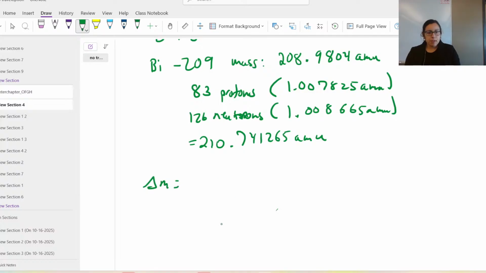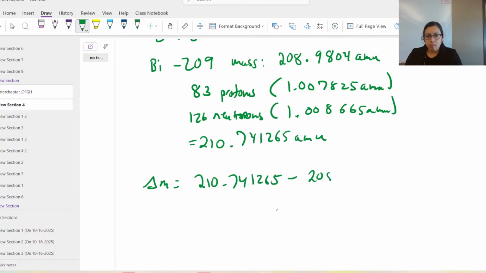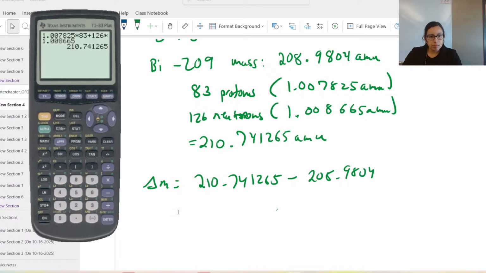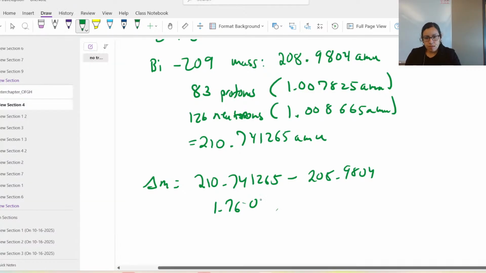And so then we can get our difference in mass. So our 210 minus the actual mass. So a difference of 1.760865 AMU.